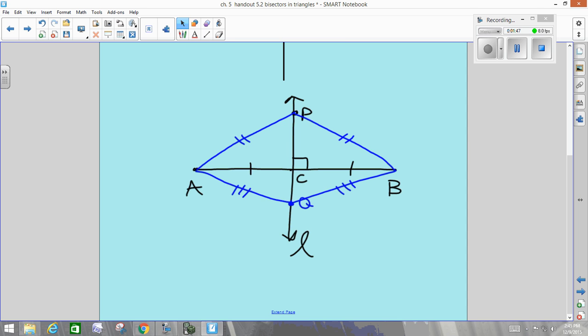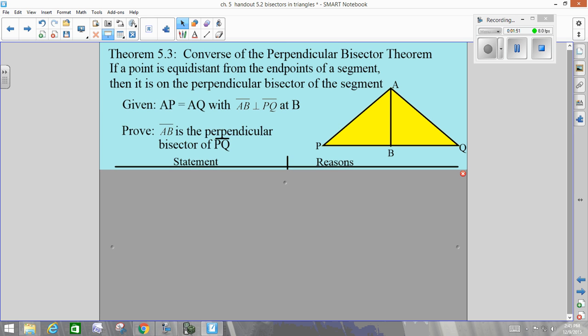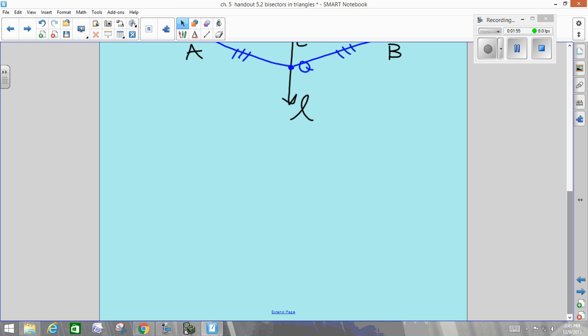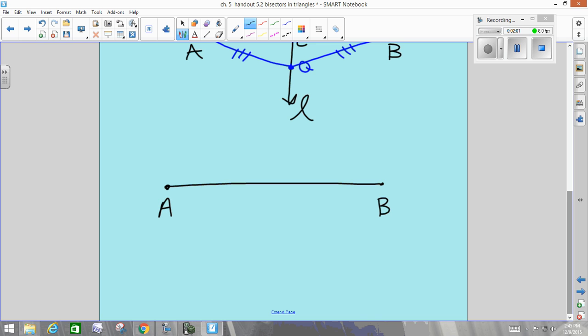Got it? Okay. Converse of the perpendicular bisector theorem. We'll just keep it on the same page. It says, if you've got a segment and a point not on the segment, so that the distance from that point to the endpoints is the same, then you can conclude that P is on the perpendicular bisector of the segment.